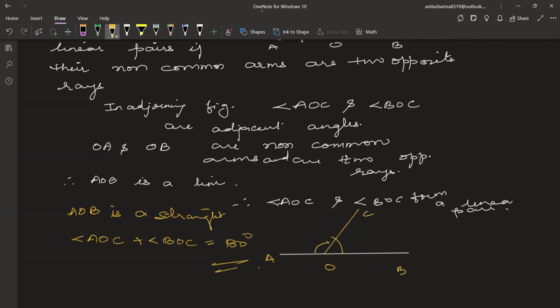Is it clear, children? Any doubt in this? Rohini, Aishwarya, Siddharth, Shritesh, Soumya, Advika. Speak up, children.